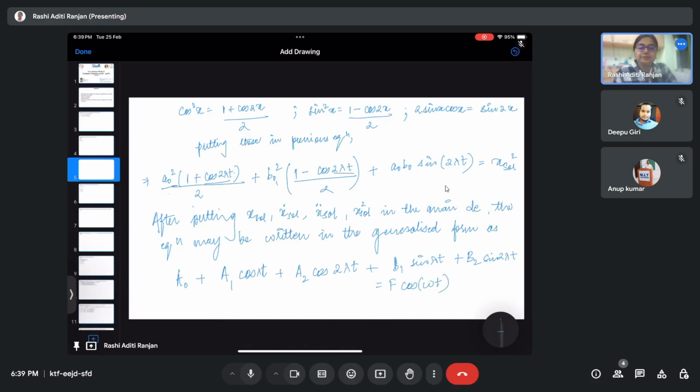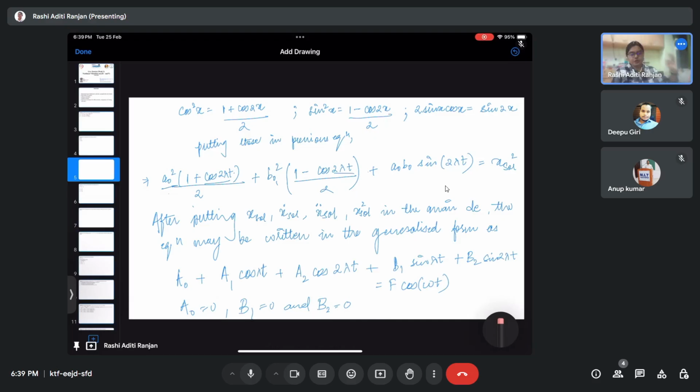Now, a naught equals 0, b1 equals 0, and b2 equals 0. Why? Because on the right hand side I don't have any sine term or constant term.